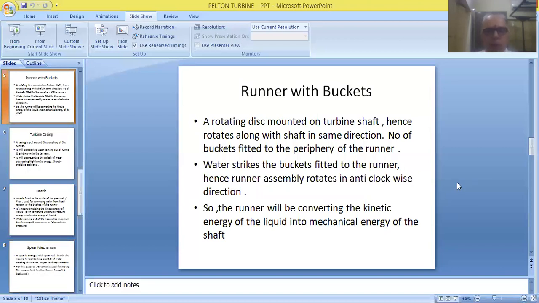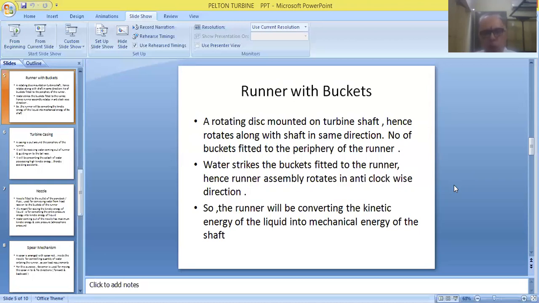So we can see some information regarding the runner of the machine. It is a rotating disc, as I've already told you. It's a rotating element that is mounted on the shaft of the turbine. Therefore, both the items will be rotating in the same direction, and a number of blades are fitted to the periphery of the runner.